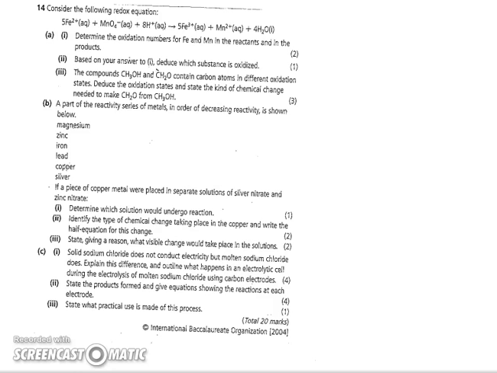Okay, number 14 has a little bit of everything from the chapter in it, so this is a good final question. It says for A1, determine the oxidation numbers for Fe and Mn in the reactants and in the products. Well, Fe is pretty easy because they give you the oxidation number of 2+ on the left and 3+ on the right. Mn's a little tougher to come up with.